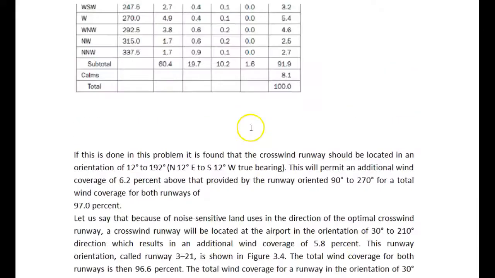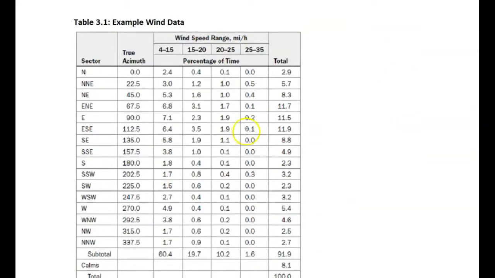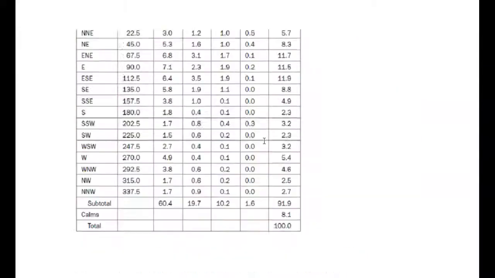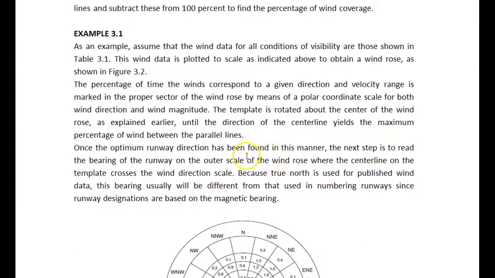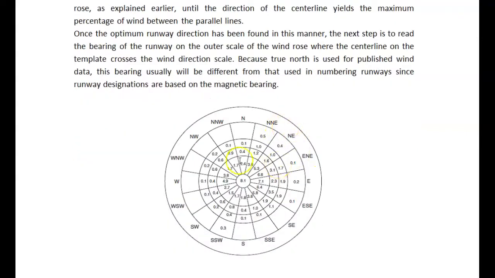So we'll go to the open board to look at it clearly and do an illustration of how this is possible. This is how to orientate a runway using a wind rose. Like I said earlier, it involves concentric circles, which are measured from the wind studies or meteorological studies.